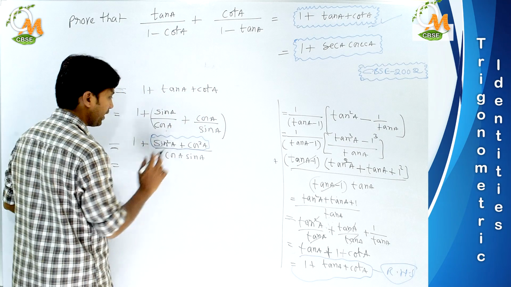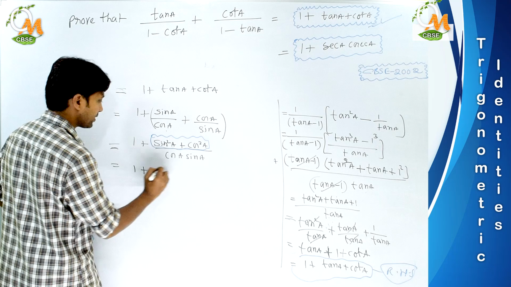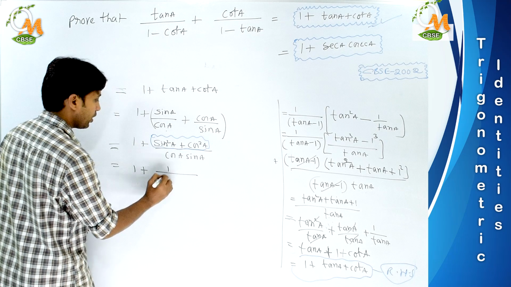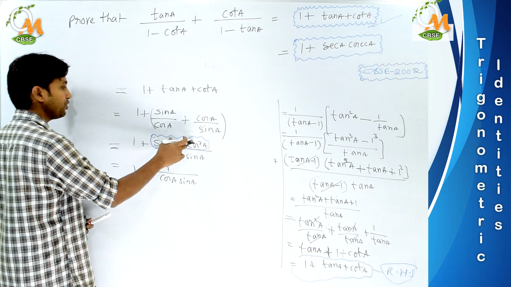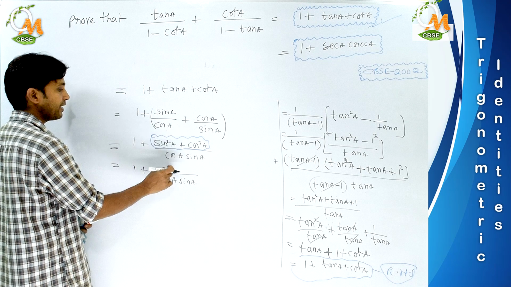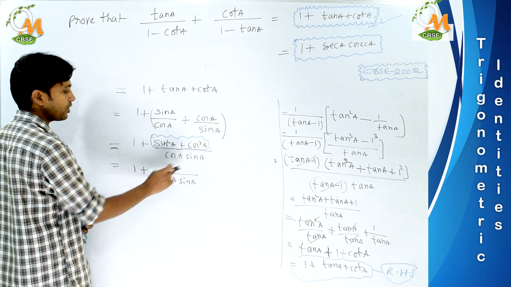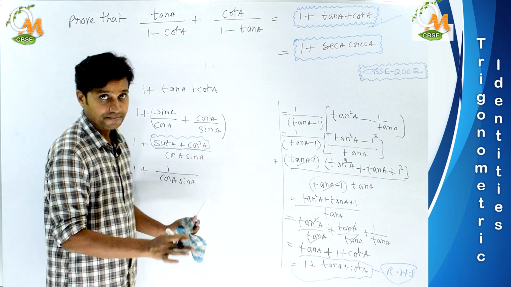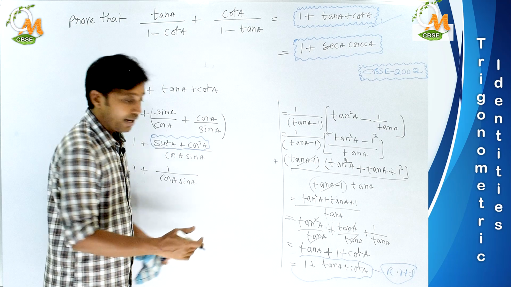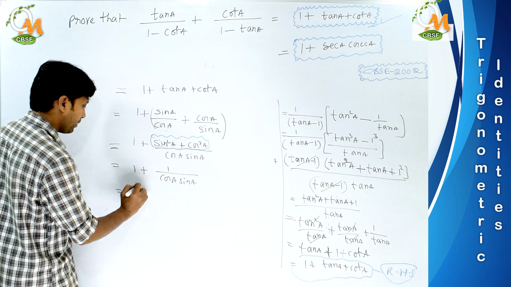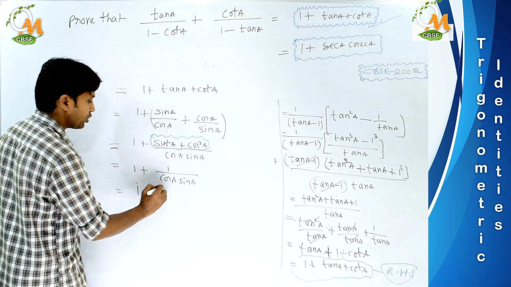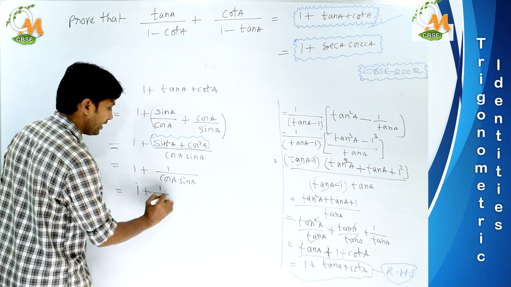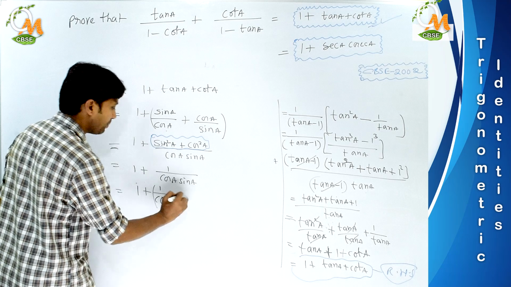So let us put down the value of it: 1 plus 1 by cos A sin A. I substituted the value of sin square A plus cos square A, and cos A sin A I wrote as it is. For my convenience, I want to split this 1 by cos A sin A as 1 by cos A into 1 by sin A.